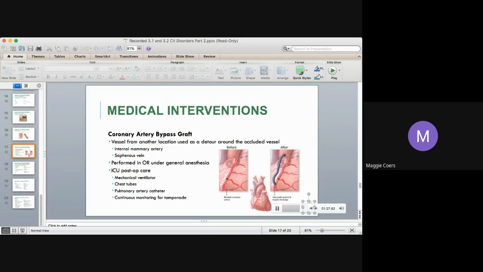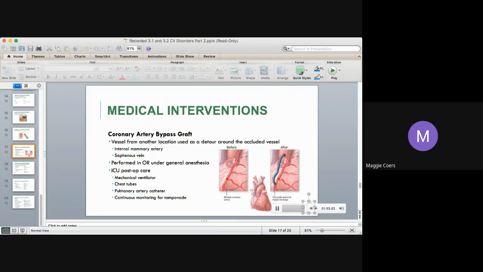ICU post-op care: these patients are always in an ICU on a ventilator. We talked about the chest tubes. We have a pulmonary artery catheter that's placed, and there's continuous monitoring for a tamponade. We put in the pulmonary artery cath to monitor the pulmonary pressures and pulmonary waveforms.